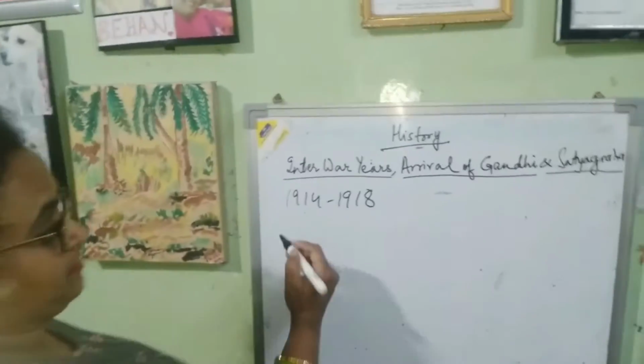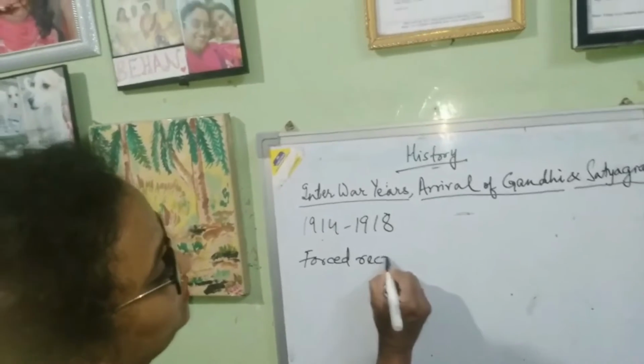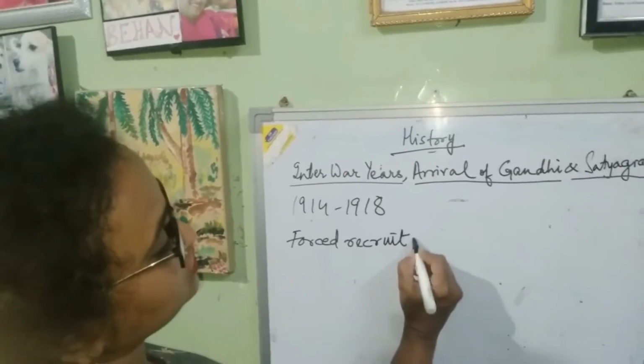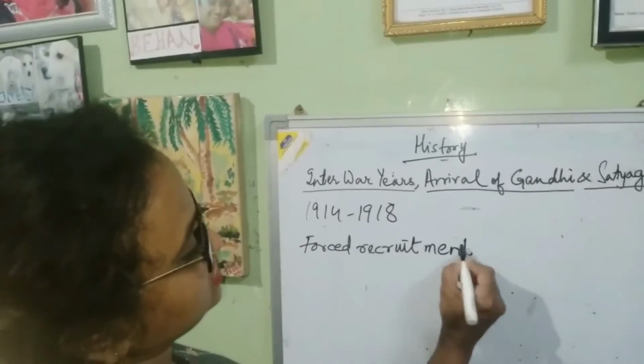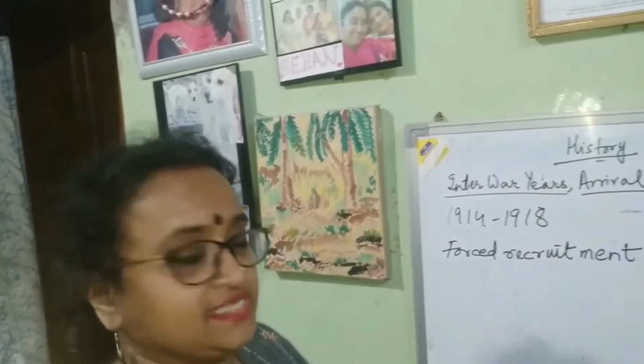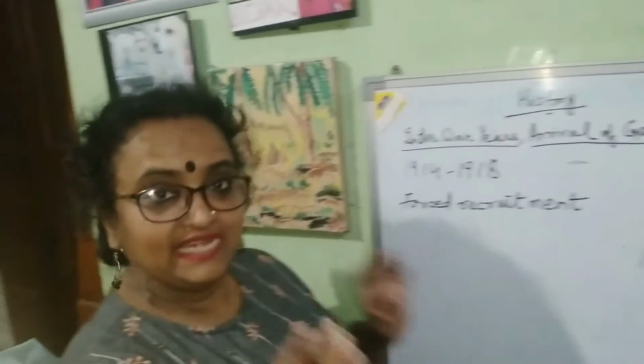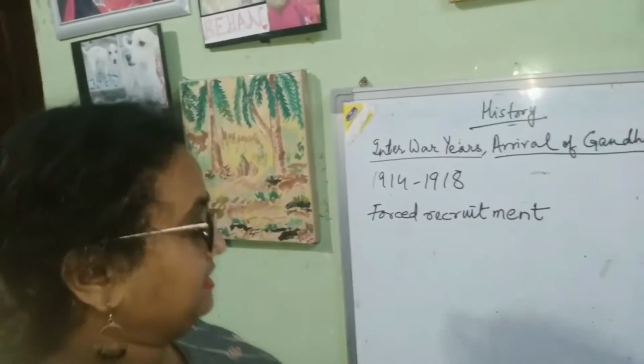A lot of forced recruitment was done. Force means even those who were unwilling were forced to join the forces so that they could send a lot of Indian soldiers on various fronts that Britain was fighting on. So this was heavily disliked by the villagers.